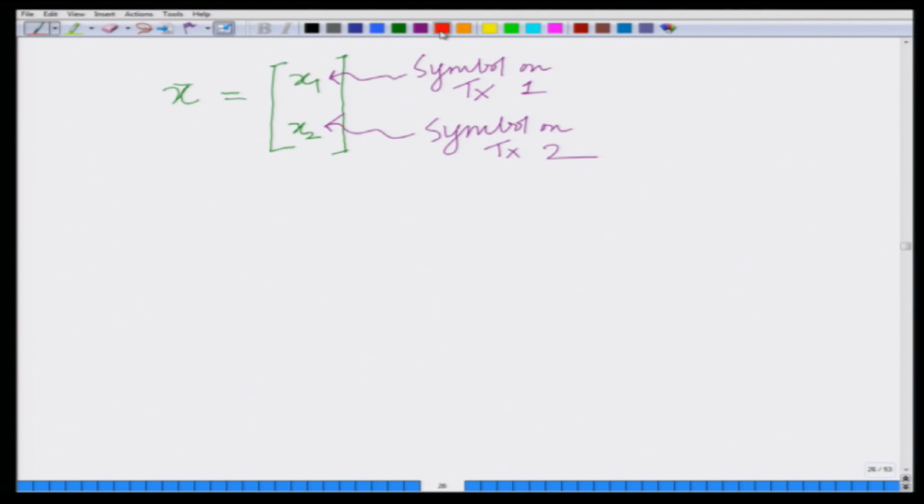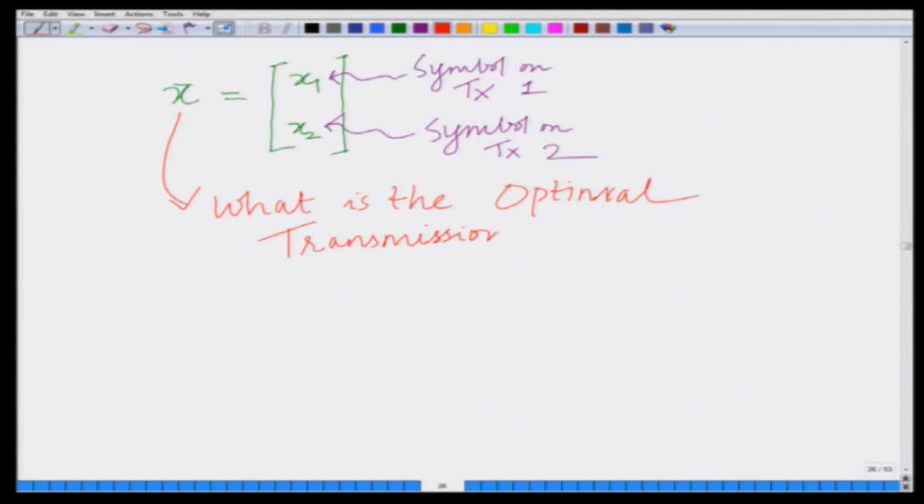And one can ask the question, what is the optimal or what is the best transmission scheme for this MISO system?